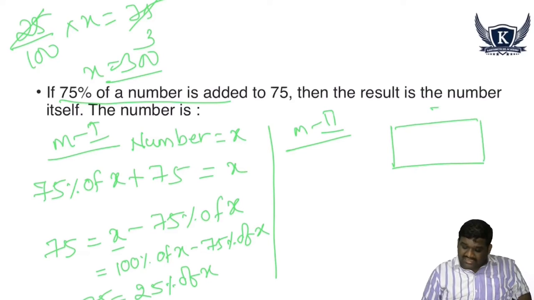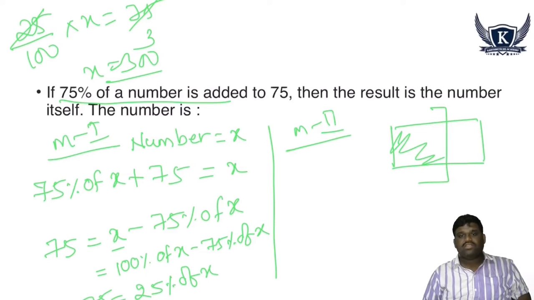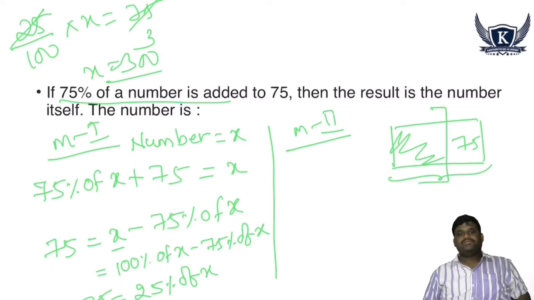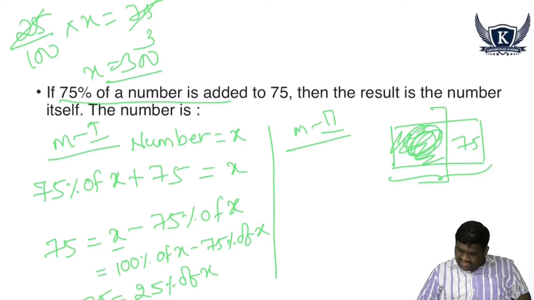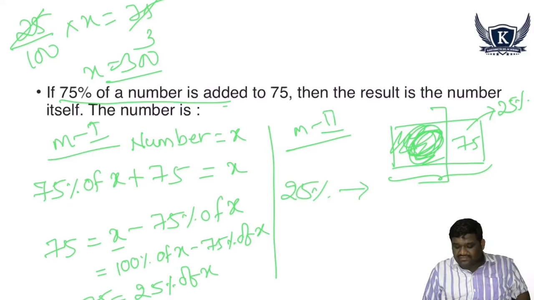If I add 75% of the number to 75, I will get the whole number again. That means if this portion is 75%, this portion is 25%. So in the question indirectly they are telling that 25% is 75. What is 100%?